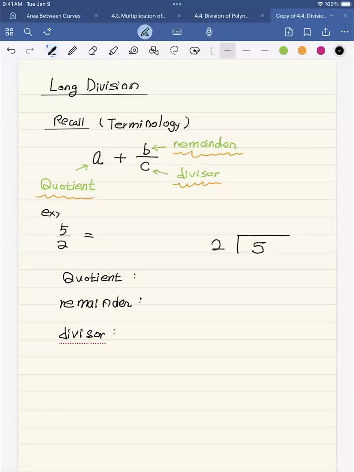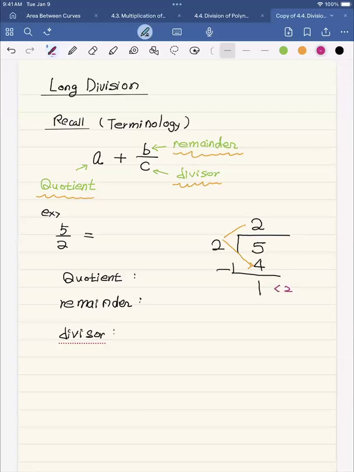Then what we will think about is the number whose multiplication with 2 is less than 5. But when we subtract that number from 5, that number must be less than 2.